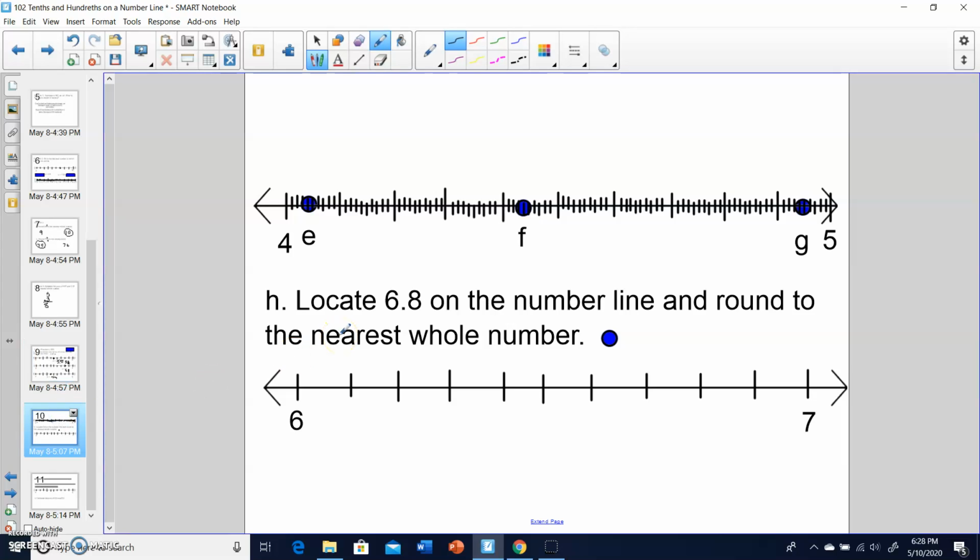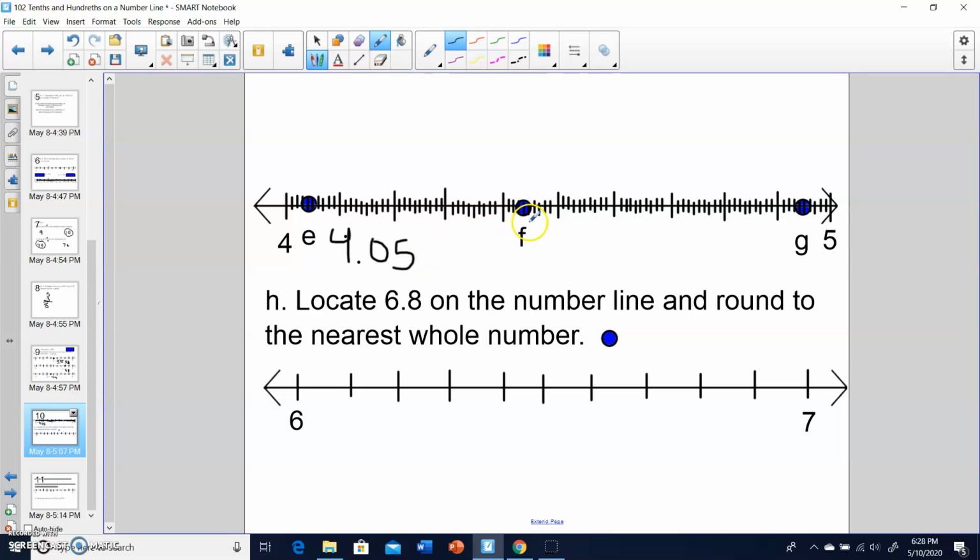Okay. For E, F, and G, I have a hundredths number line, so I'm going to be writing the number as hundredths. So E, you can see I'm between 4 and 5, counting by hundredths. So 1/100th, 2/100ths, 3/100ths, 4/100ths, 5/100ths. So I'm at 4 and 5/100ths, which means I don't have anything in the tenths. 5/100ths is written like this. 4 and 5/100ths.